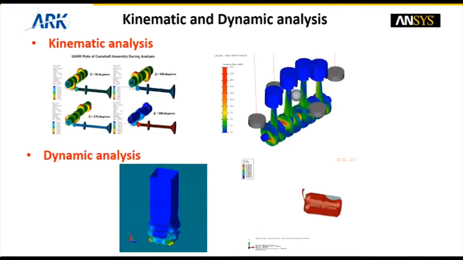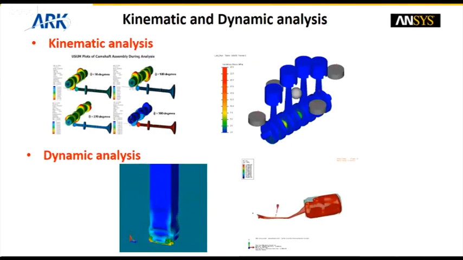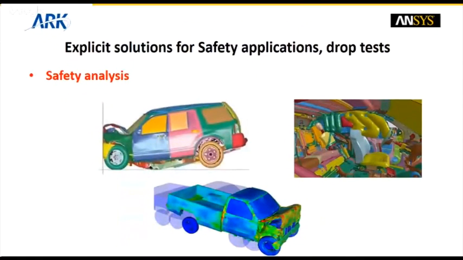It can handle vibration characteristics, free vibrations as well as forced vibration characteristics. ANSYS has explicit dynamics, which we use mostly in safety analysis applications, and we can do a drop test in ANSYS for different devices like mobile phones and laptops, and safety applications or crash analysis of any vehicle or aeroplanes.